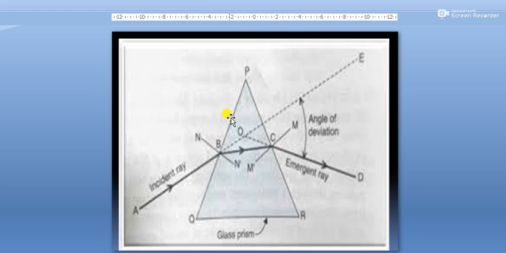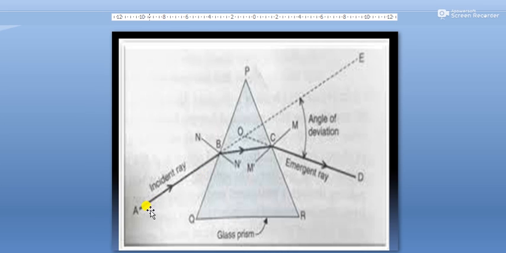So we have one glass prism here, PQR, and we have kept it on the base QR. Now a ray of light AB is incident on the face PQ. On the PQ face, a light ray is coming, the incident ray. The incident ray is going from air to glass.